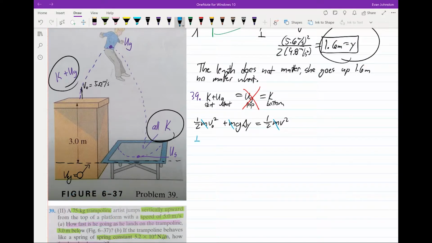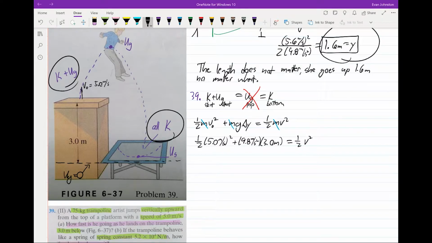And now we have 1/2, and I'm going to plug in for my speed value now. So we have 5 meters per second squared plus 9.8 meters per second squared. That's gravity times how high up he got, 3 meters, or how high up he started, really, equals 1/2, and then whatever our speed squared value is.